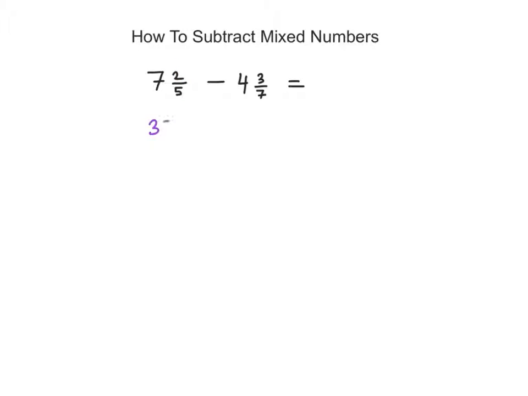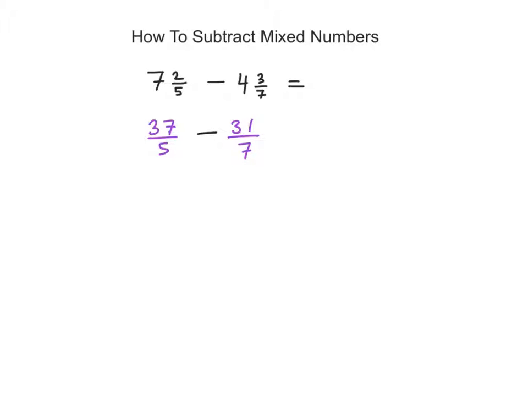So that's 37, and the denominator will be 5. And then I do the next one. 4 and 3/7 will become 4 times 7 is 28, plus 3 is 31. So that will be the numerator, 31, and that will be over 7.